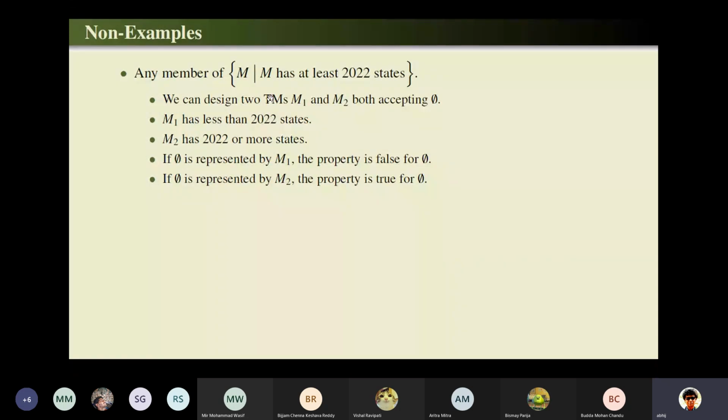So this is not an example of a property of RE sets. It is a property of machines, because the machine may exercise an option of having at least 2022 states or not for certain RE languages like phi or sigma star. Likewise, being a total Turing machine is often a choice for recursive languages.